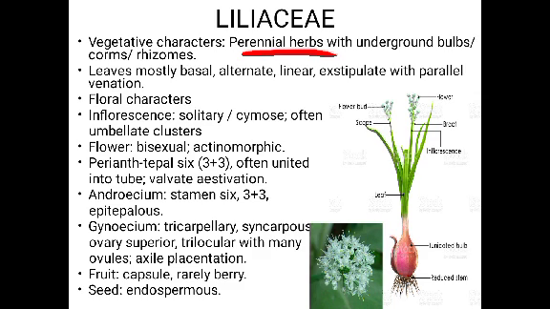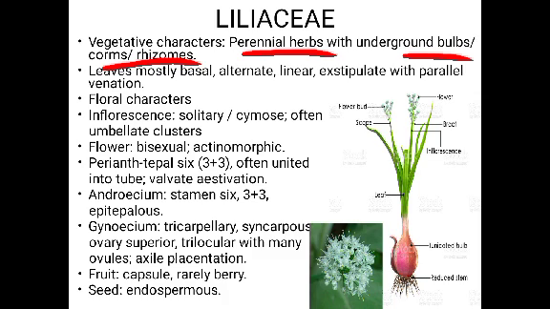So it is a perennial herb with underground bulbs, corms, and rhizomes. Bulb means, for example, onion. Corm means, for example, alocasia or colocasia. Rhizome, for example, banana; you take the banana underground stem, not the stem which you are seeing above. All the three are underground stems only. So all these are perennial herbs.